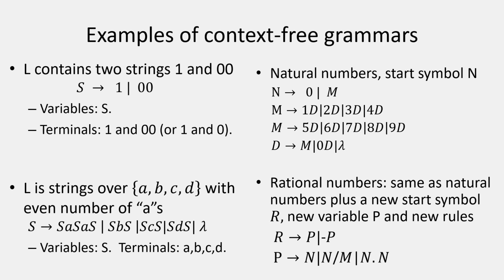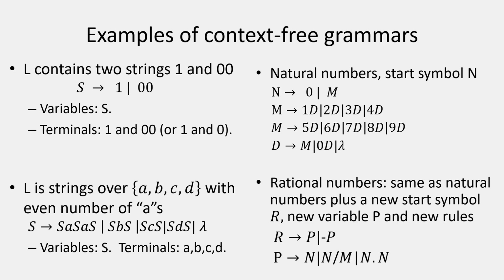So the variable m would stand for something that starts with a digit from 1 up to 9, followed by either 0 or something that starts with a digit from 1 to 9.